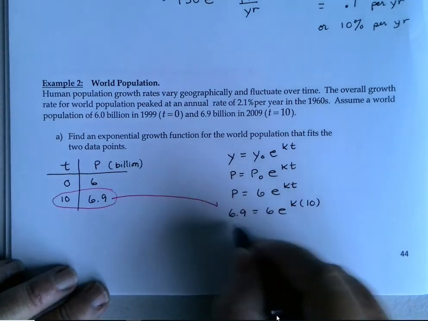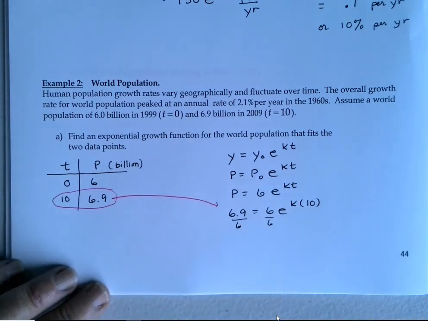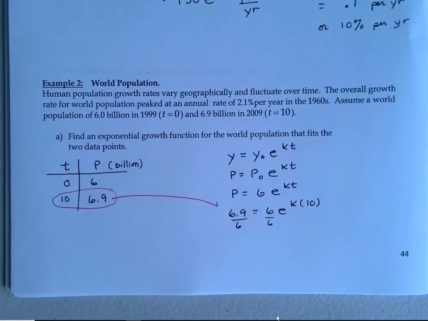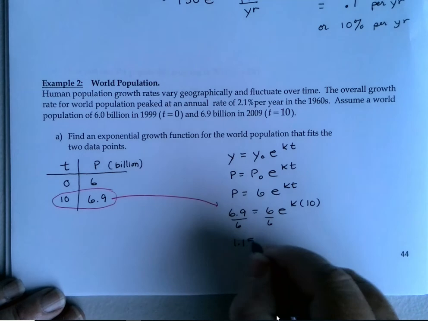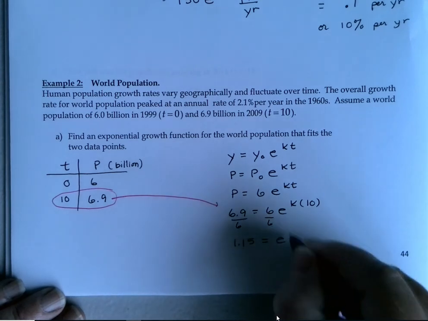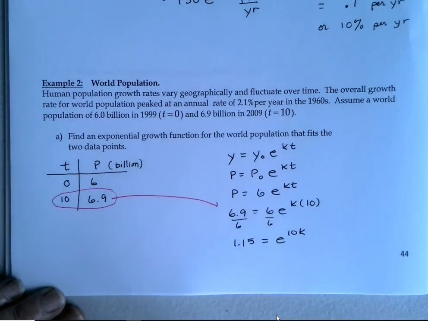Let's see, if we divide by 6, we get 1, what do we get? 1.15 equals e to the 10k.